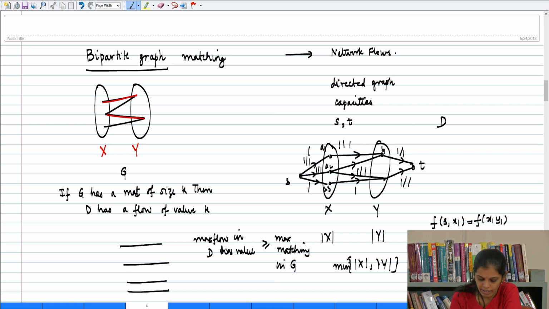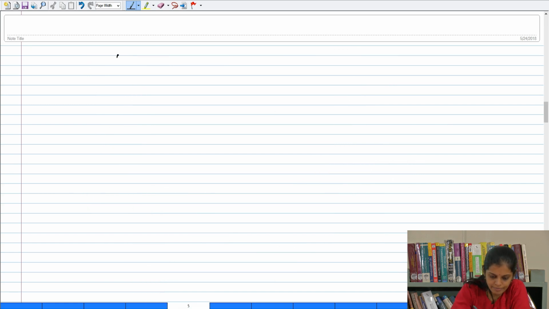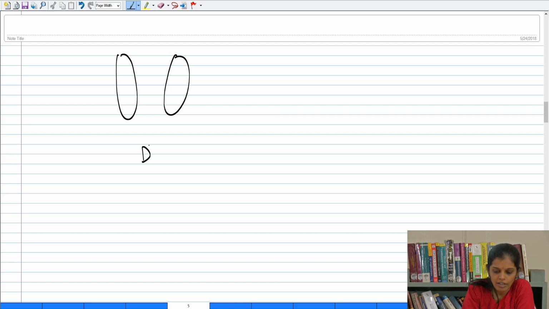So now what we are trying to show is, you take the graph D, concentrate only on the bipartite graph, and look at edges that got unit flow. Because I want to prove it, I am saying for the sake of contradiction, suppose there are two edges incident on a vertex which get 1 unit of flow, right?